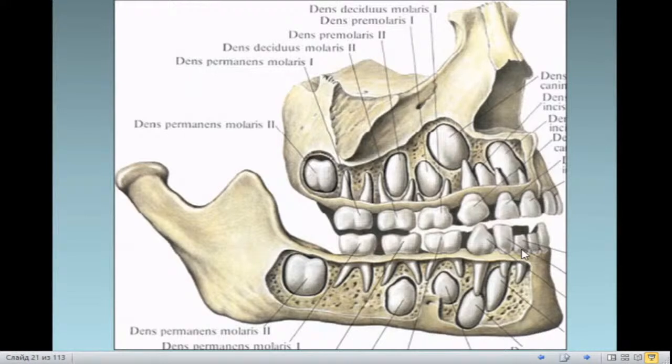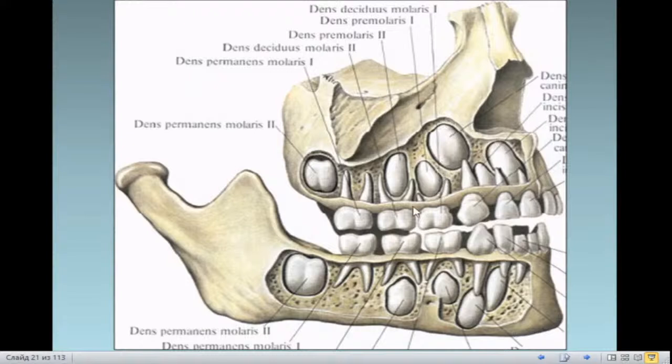There are only 20 milky teeth, which should erupt before 2 years old. So a 2-year-old child should have 20 milky teeth, and the child will have these teeth up to 5-7 years old, and then the adult or permanent teeth will start erupting. And adults, compared to kids, should have 32 teeth.